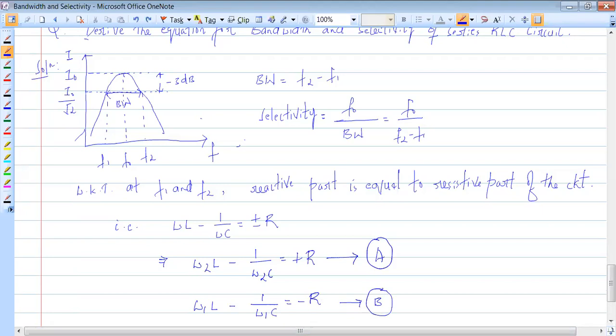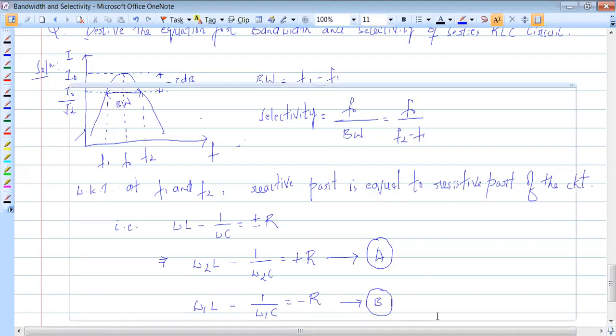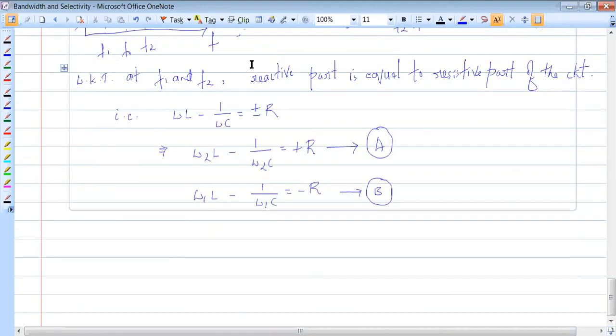Now this is something that we have seen in the previous class, when we were asked to prove that F naught is the geometric mean of F1 and F2. We took the same equations. Now again we are taking the same equations to obtain the equation for bandwidth and the selectivity. When we proved F naught is square root of F1 and F2, we added equations A and B.